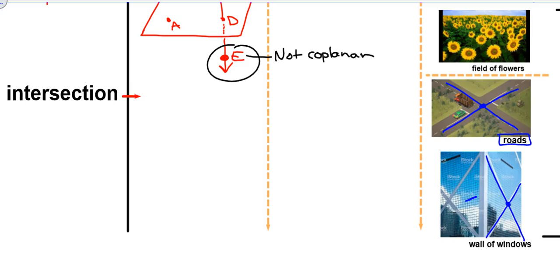Or if you look real closely, you see all of the panes of glass, and you see intersections when they make the glass. An intersection is simply where things cross. So if I draw 2 lines and I want them to intersect at point X, then I would put X in the middle. AB is intersecting CD at point X.